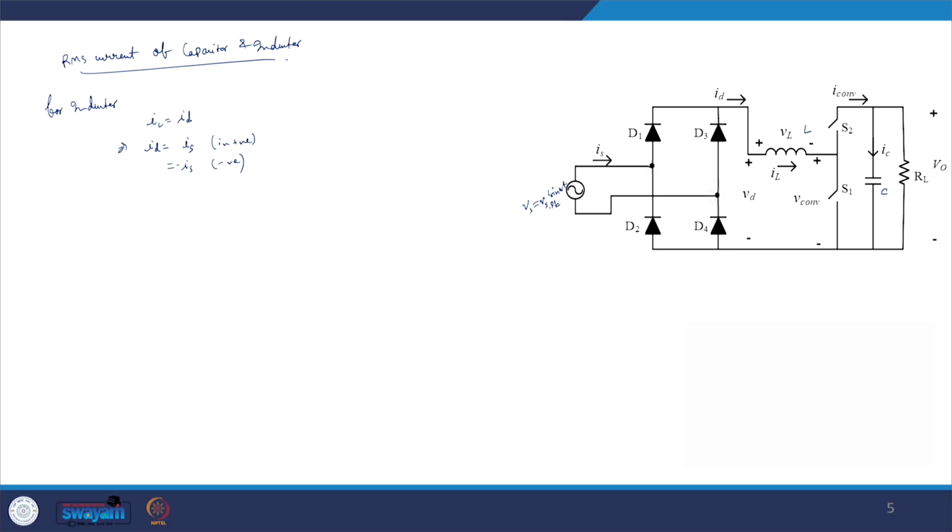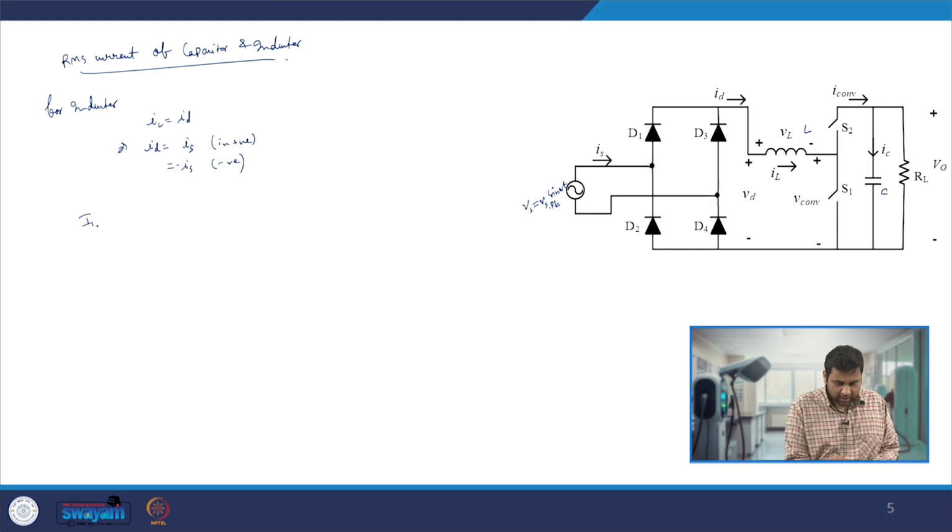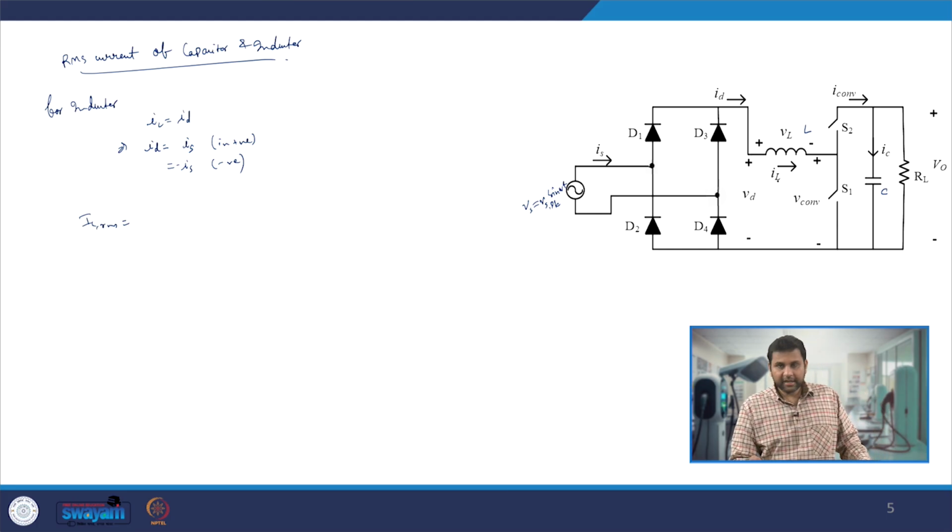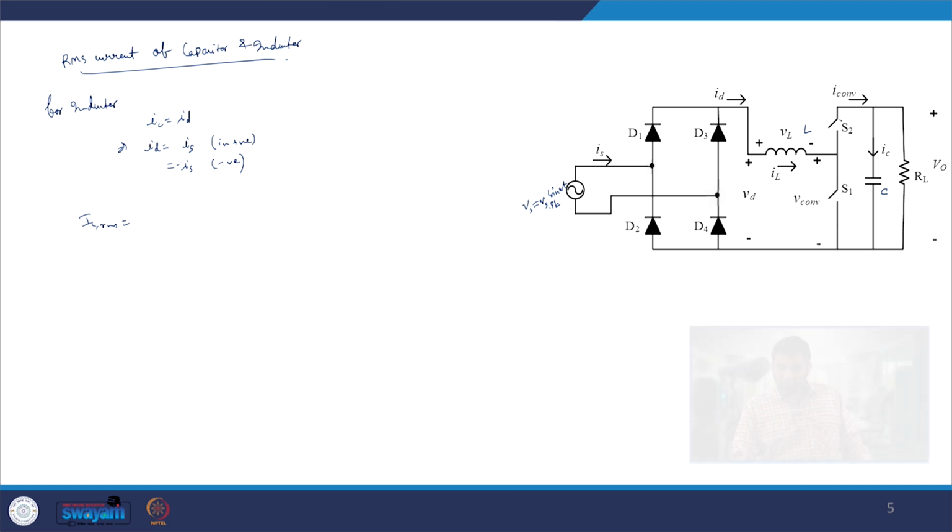Since this is the same as IL, we can write down IL RMS. And if you look very carefully, the current through IL will always be there, whether switch S1 is turned on or switch S2 is turned on.